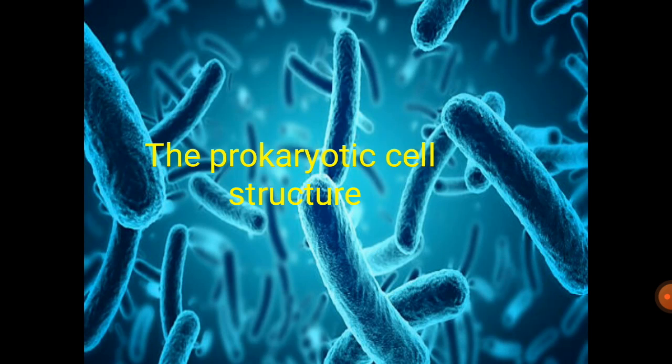Some other parts of prokaryotic cells are similar to those in eukaryotic cells, such as a cell wall surrounding the cell, which is also found in plant cells, although it has a different composition.